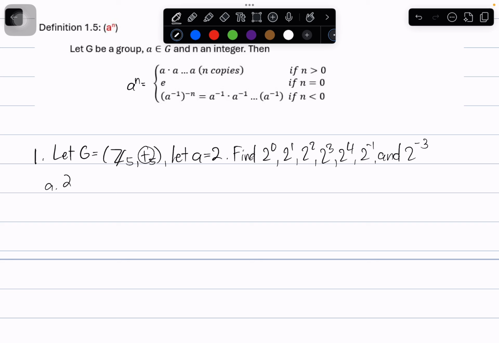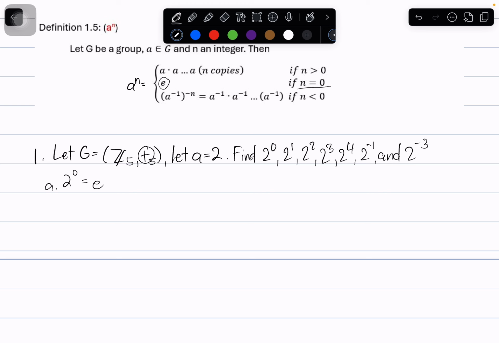So, 2 to the 0. As we can see, we will get the identity element if n is equal to 0. So here we have a raised to n, right? So our a is 2. Now, 2 to the 0 will simply get the identity element. So 2 to the 0 means we won't be adding any 2s.